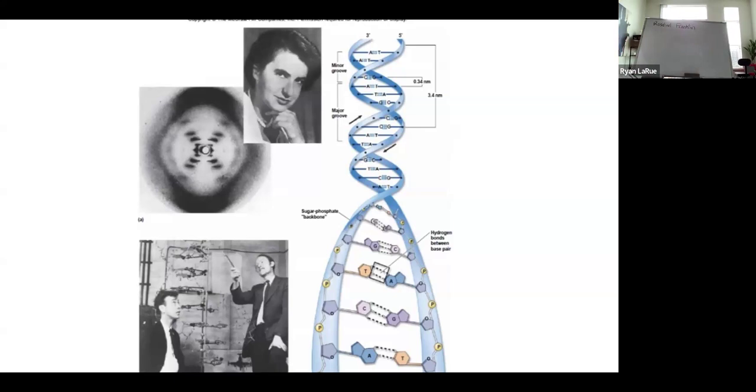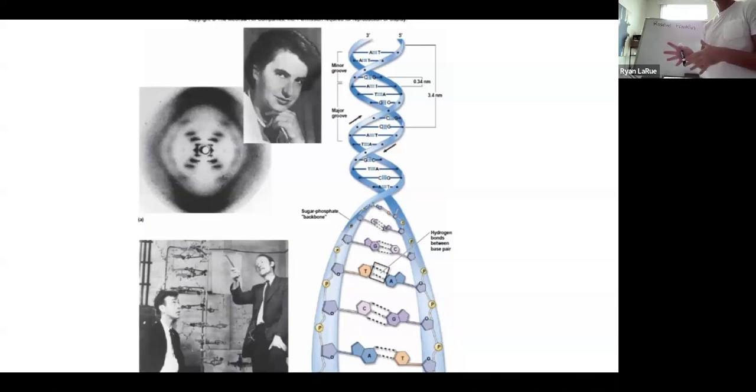And importantly, and again, this was early 1950s, Rosalind Franklin was working in a lab in the UK at King's College in London. So essentially at this time, there was a sort of race among scientists to discover the exact molecular structure of DNA.